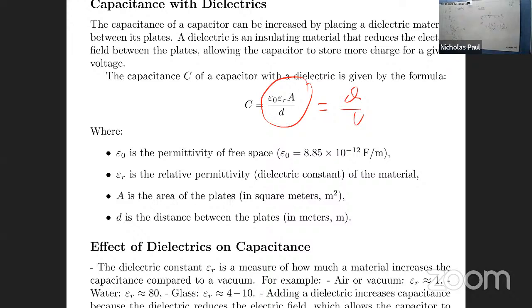No, that's wrong, because if D is smaller, the C value will be larger. Everybody okay with that?